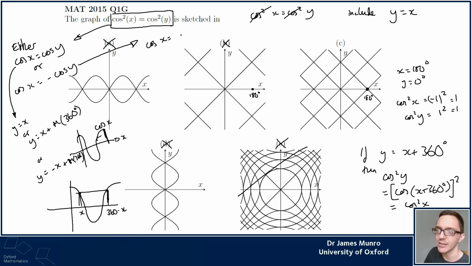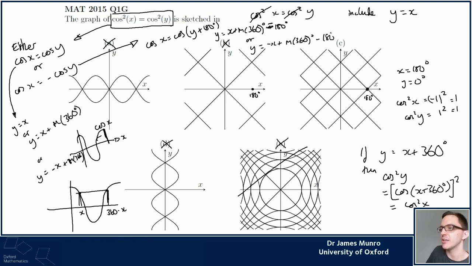Well, not quite, but I could say cos x is equal to cos of y plus 180 degrees, because I know that when you translate cosine by 180 degrees you get a minus sign out. Then do something similar to what I did over here, to say either y is equal to x plus m times 360 degrees minus 180 degrees, or y is minus x plus m times 360 degrees minus 180 degrees.